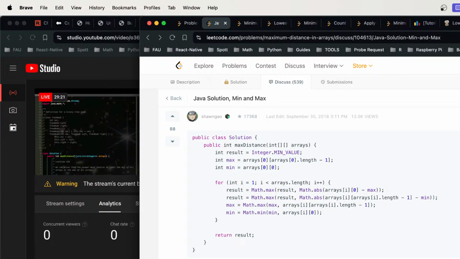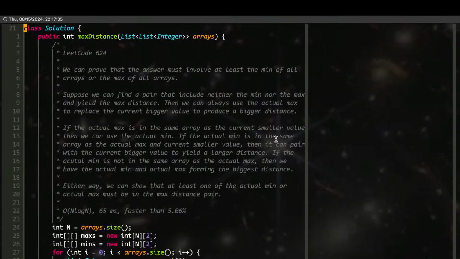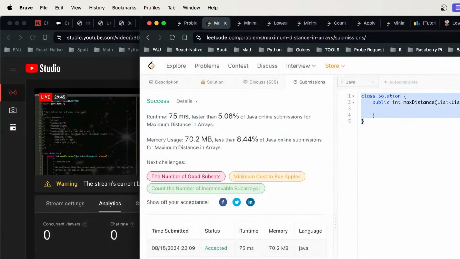So if it's the previous max with the current min, then it will work. If the max happens later on, it will also work because the current min will be picked up by the min. So it will be the same for the max. Wow, this is actually pretty smart. Which means you don't have to sort. Okay, there's no need to sort. Well, that was actually pretty bad, right, that we sorted this thing.